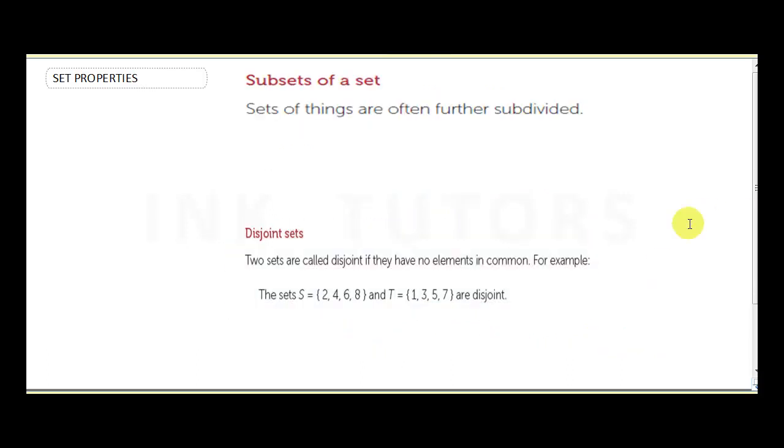The next thing we're going to be talking about is a subset of a set. For instance, let's say U is a universal set, and U contains 1, 2, 3, 4, and 5. We have A to contain the even numbers, which are 2 and 4, and we have B to contain the odd numbers, which are 1, 3, and 5.